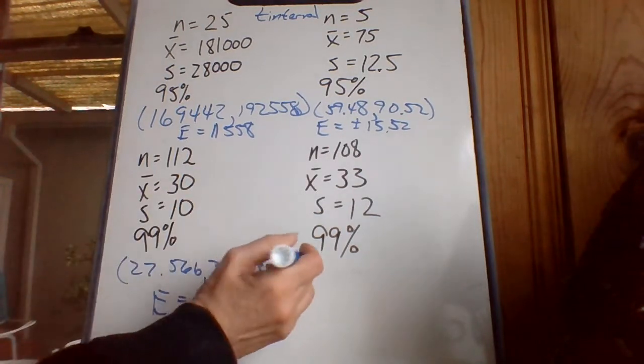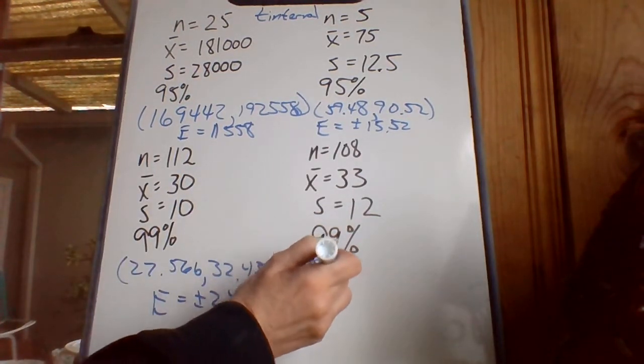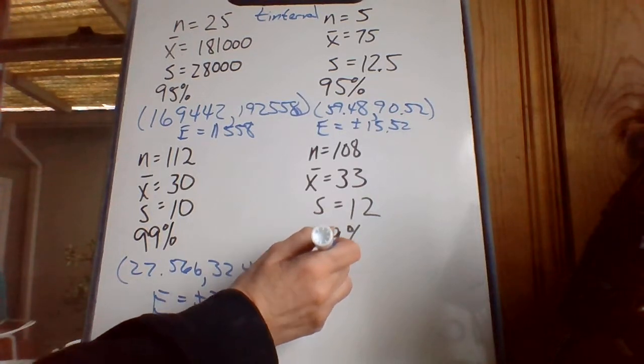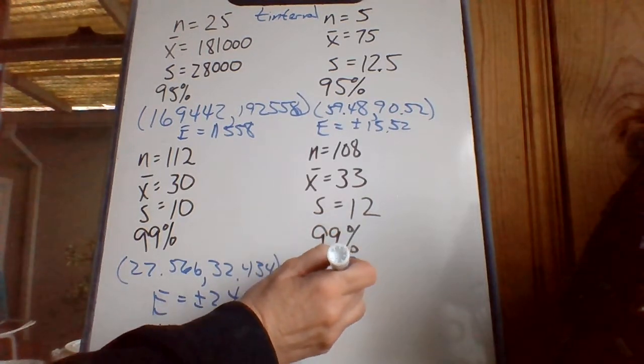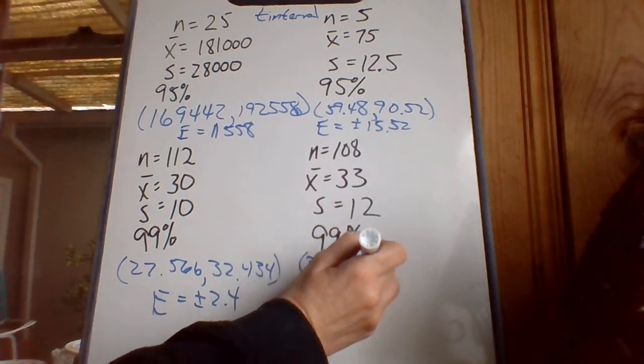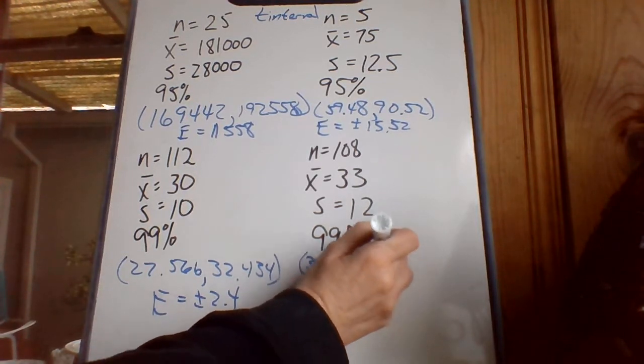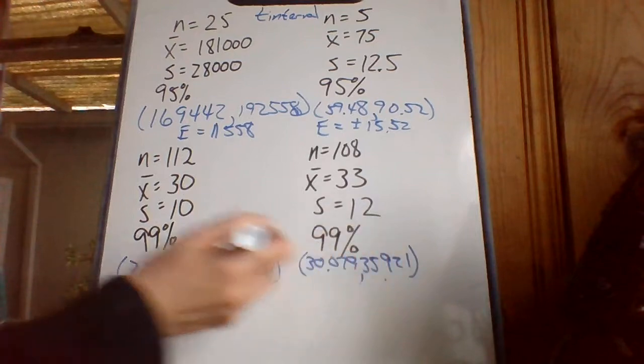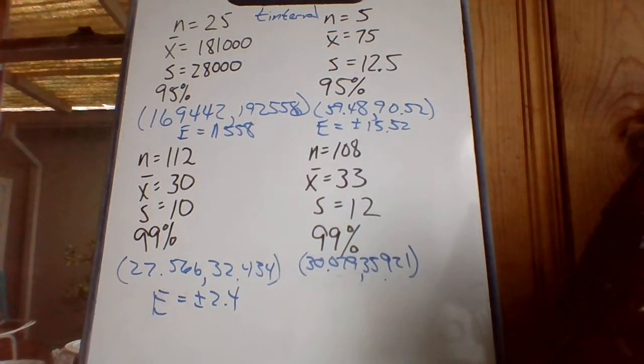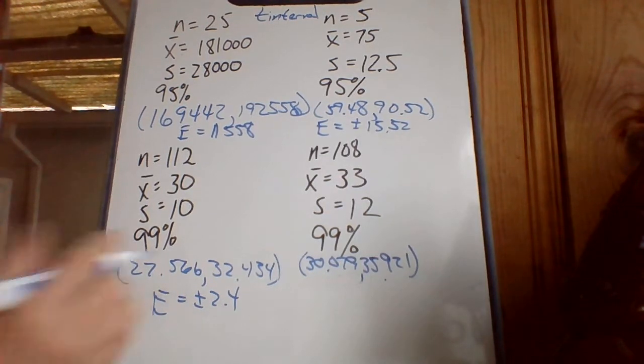Calculate. 30.079, 35.921. Error is 35.921 minus 30.079 divided by 2, 2.921.